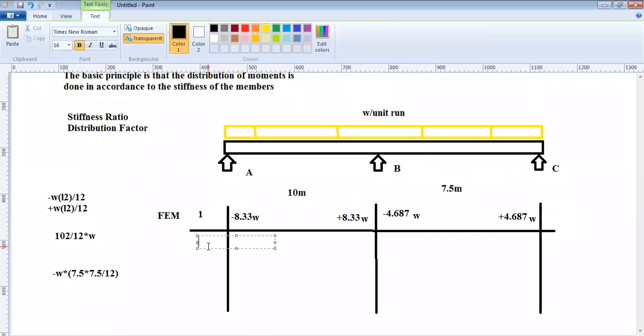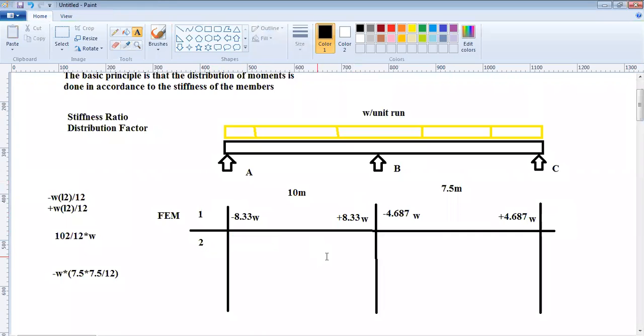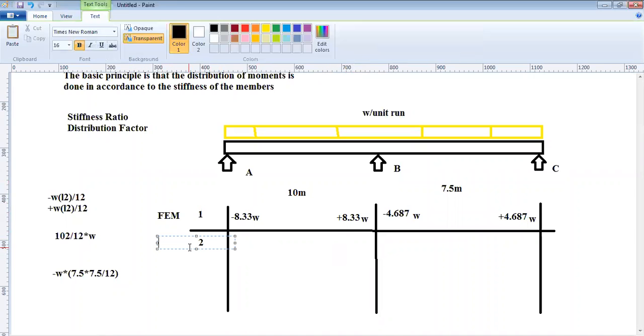Now in step number 2, what do you do in moment distribution method? This was the first step. You clamped all the ends. Now in step 2, what do we do? We have already applied loads.